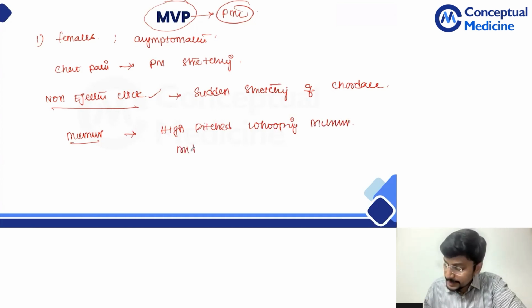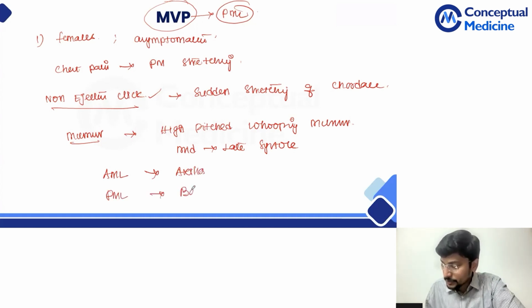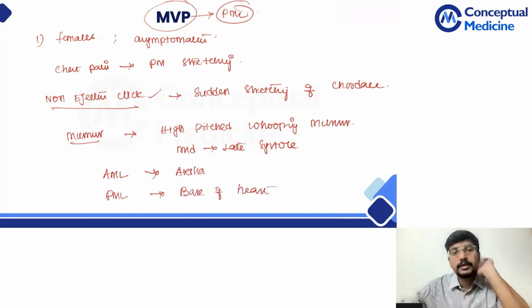It starts in mid-systole and ends in late systole. So mid to late systole is the murmur. When AML prolapses, the murmur radiates to the axilla. When PML prolapses, the murmur radiates to the base of the heart. Clear? Murmur radiates to the base of the heart.